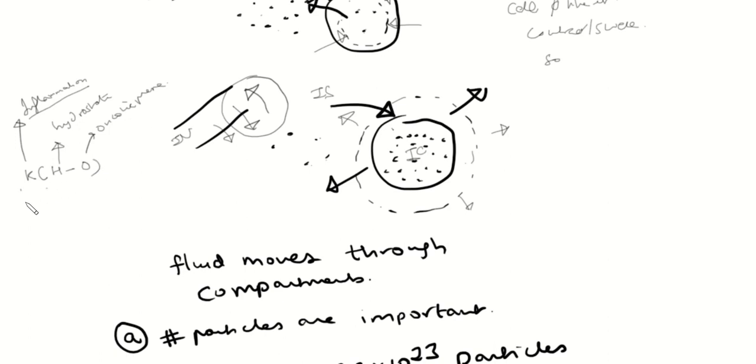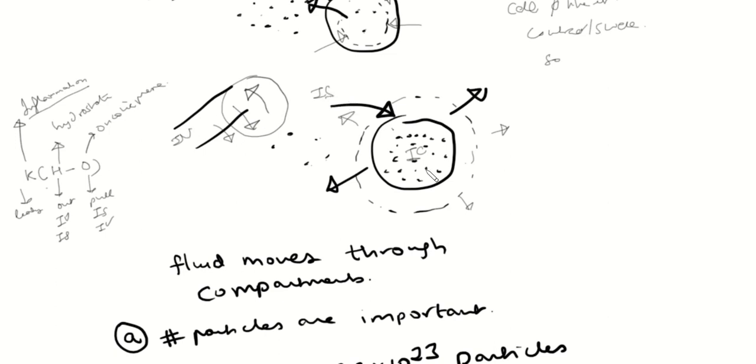This gives you how leaky it is. This pushes it out from intravascular to interstitial. This pulls it in from interstitial to intravascular. And this is the fluid that goes from intravascular to interstitial.